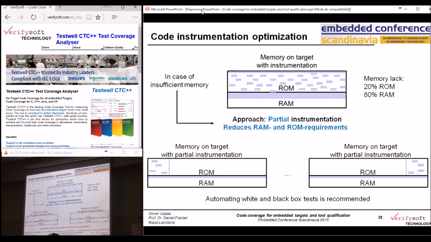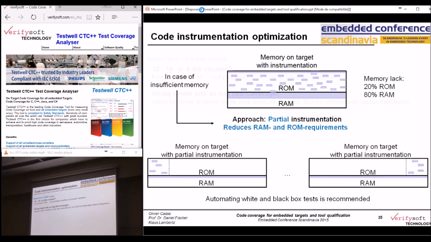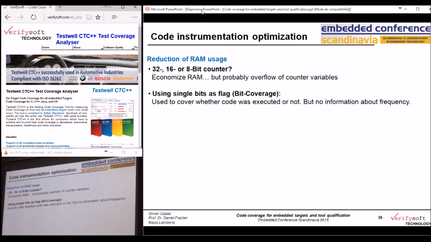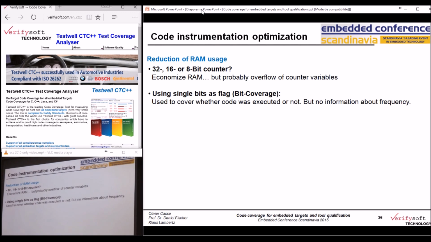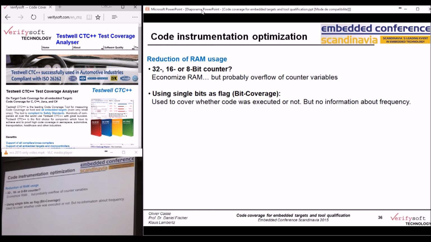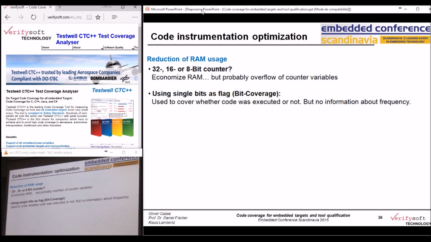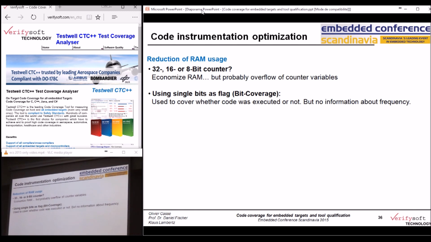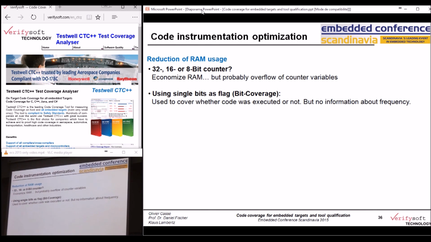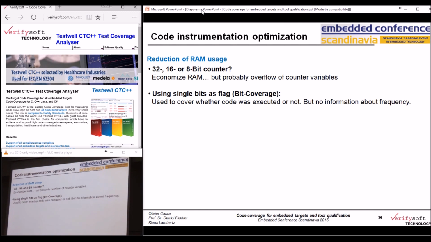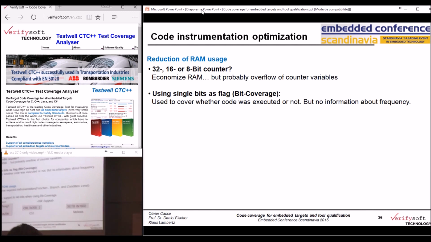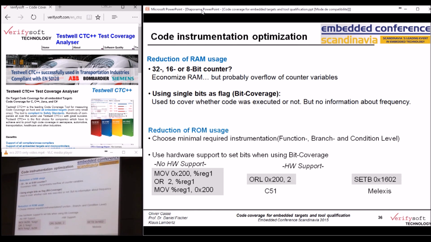With our solutions, as we explain soon, we're able to optimize using various techniques, with, let's say, a size of the counter which is different depending on your software and its complexity, and also using the bit coverage technique, where we don't store every time we go through a branch or condition, but only have a flag which says that, okay, at least once we ran through this condition, and that's enough for covering this level.